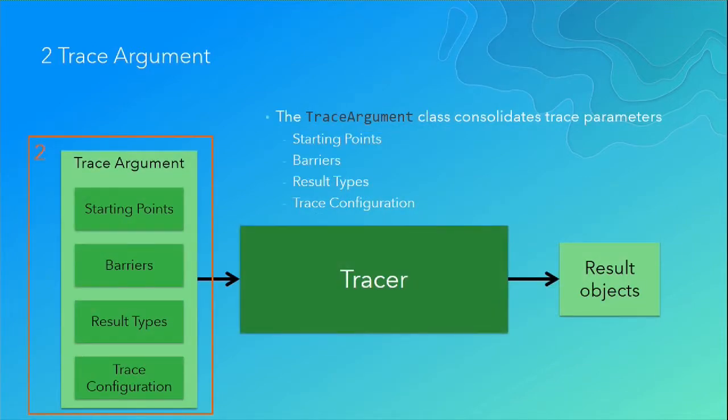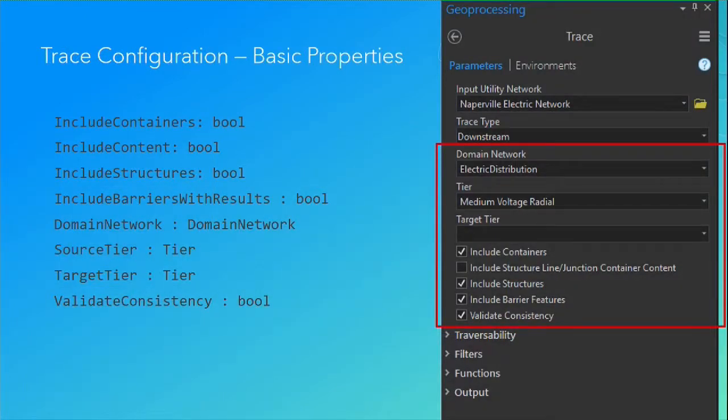Trace argument is your starting points, barriers, result types, and then trace configuration. Trace configuration is where most of the interesting things take place. This is the sort of thing where you could talk about it for half an hour, but instead I'm going to match it up to the user interface.